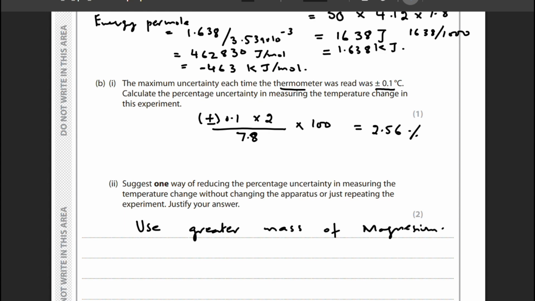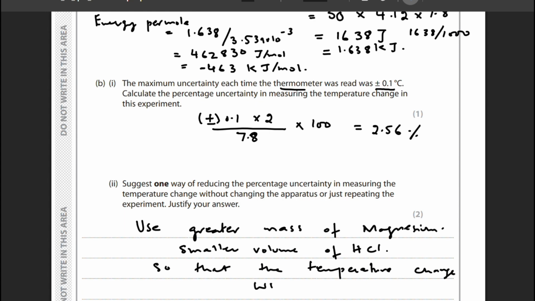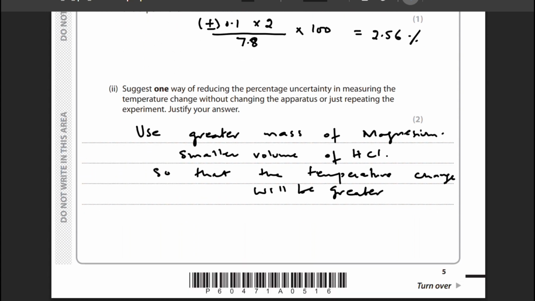Or the other way is also to use the smaller volume of HCl, because HCl is in excess. And why are we doing this? So that the temperature change will be greater, because if we are using the greater mass of magnesium, there will be more reaction, so the change in temperature will be high, greater. As a result, the percentage uncertainty will decrease.